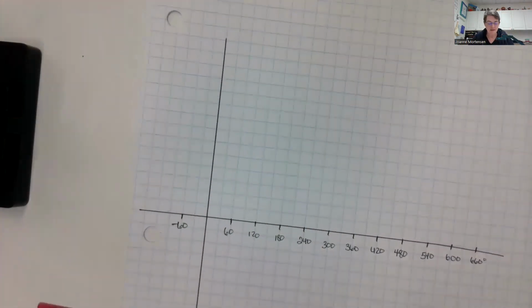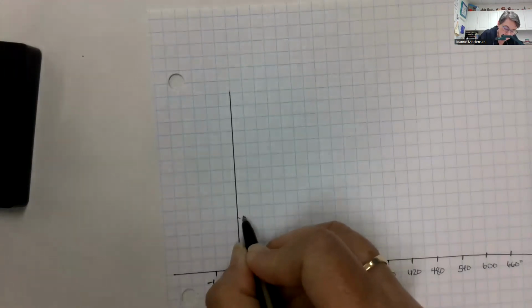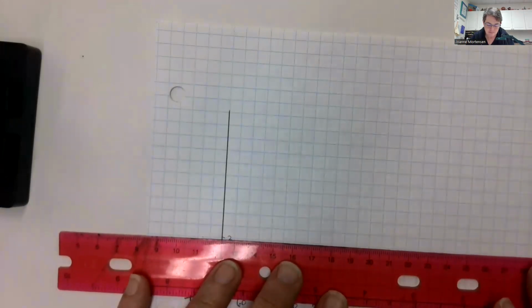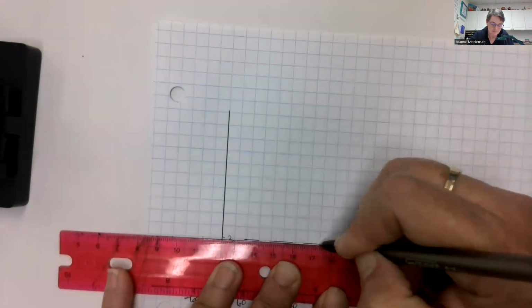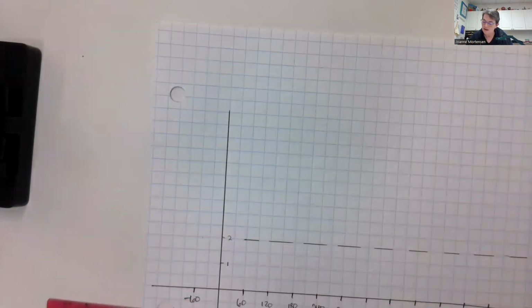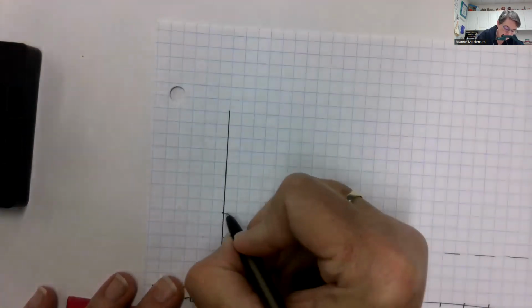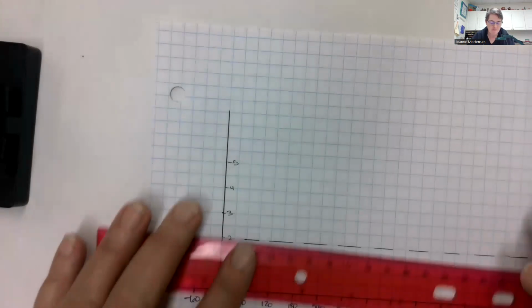Now my midline was at 2, and my maximum was 3 above that. So 2, 3, 4, 5.